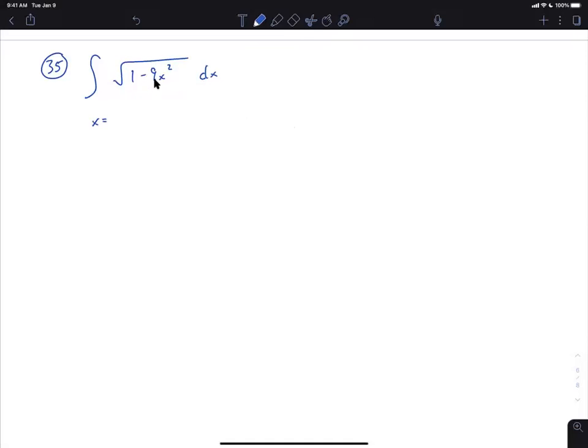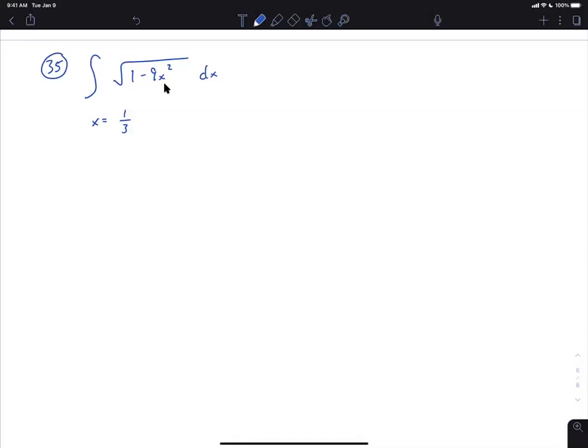You want to cancel the 9 and end up with 1, so you put a 3 in the bottom and a 1 in the top. Remember that the one you're able to change is the one with x. The coefficient of x, you're able to change by plugging in. You're not able to change the other one. So we want 1/3 here.